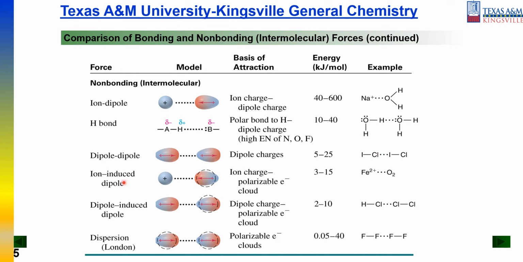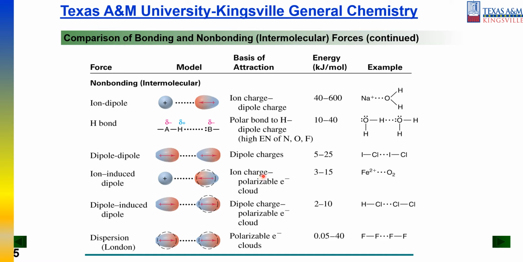Another intermolecular force is called ion-induced dipole. Imagine you have such as Fe ions. You have an oxygen molecule. Your oxygen is supposed to be nonpolar. However, due to the induction of the positive charge, one end can be instantaneously negatively charged, another end instantaneously positively charged.